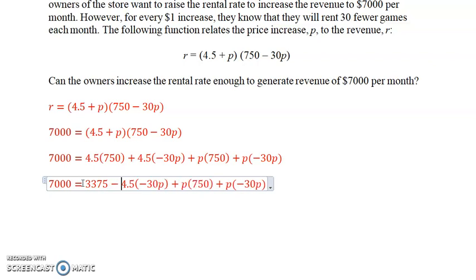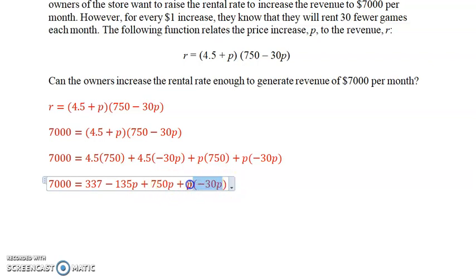Negative 4.5 times negative 30p. So we take 4.5. Already we have positive 135p, because that's positive, sorry, negative, I apologize, negative 135p. And then 750 times p is 750p.